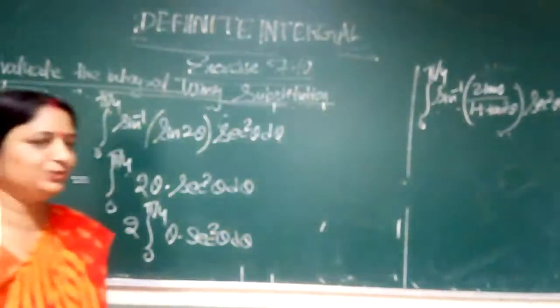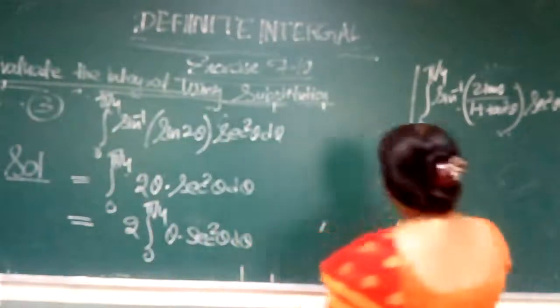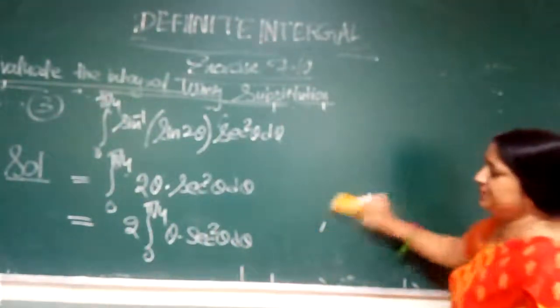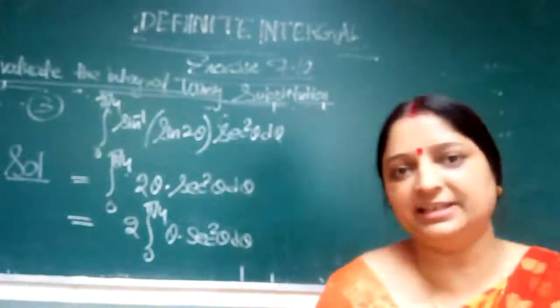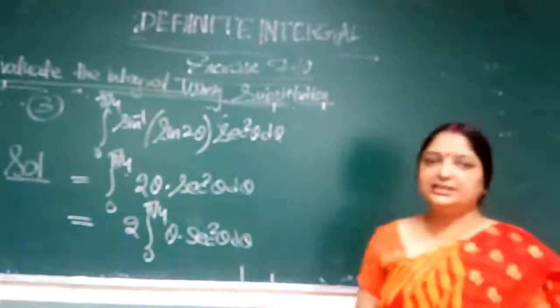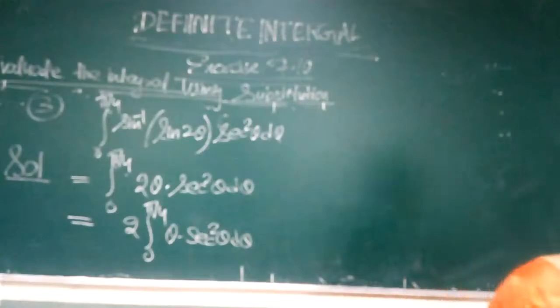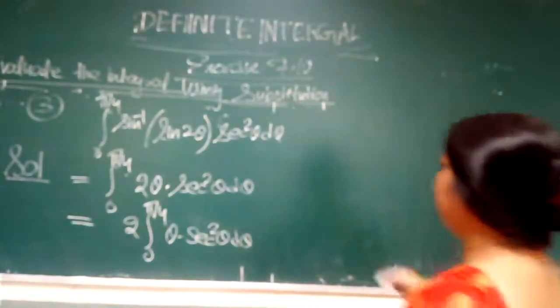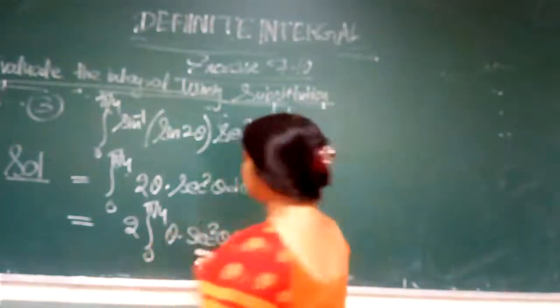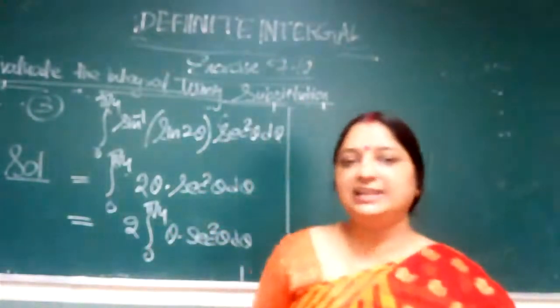Now students, you know about that. After this, in this term theta into sec square theta, which method we can apply here? Theta into sec square theta, we can apply here integrating by parts. So in integrating by parts, which term is first one? You know the ILATE rule.